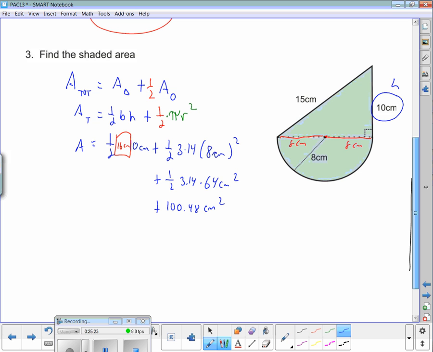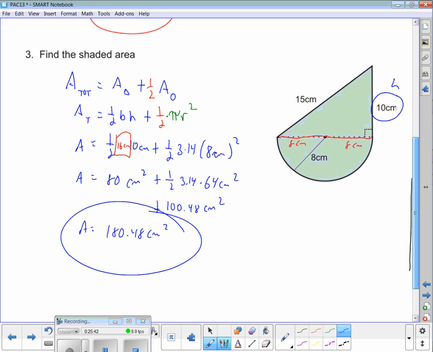How many figured out it was 16 centimeters for the base of the triangle? All right, now you know the tricks. So half times 16 is 8. 8 times 10 is 80. So that's 80 centimeters squared. Grand total, 180.48 centimeters squared. What a good problem.